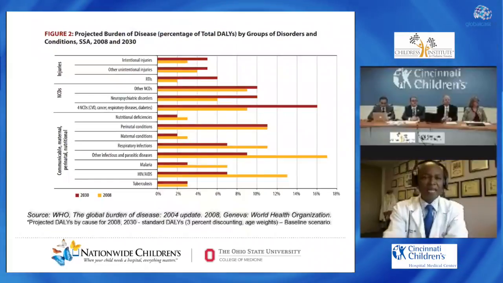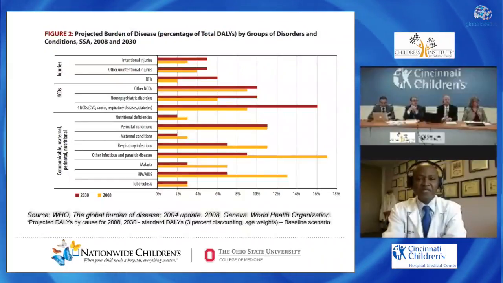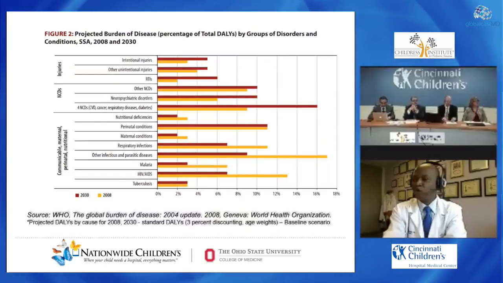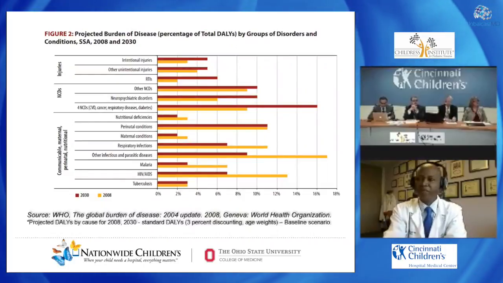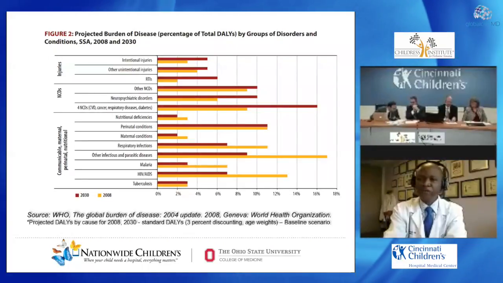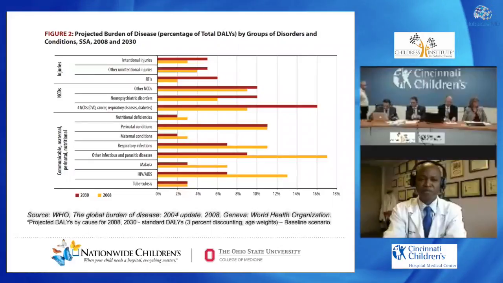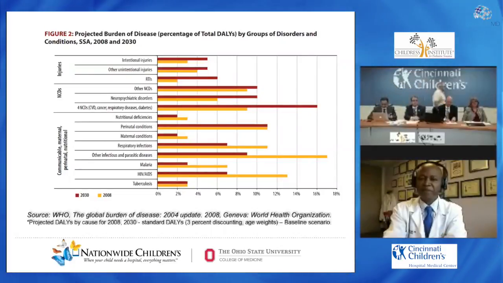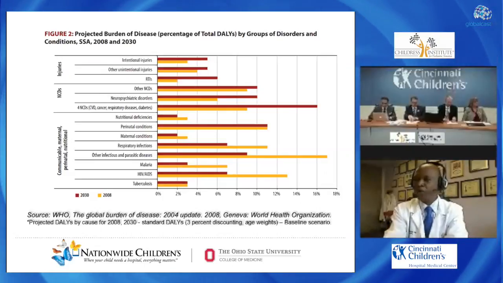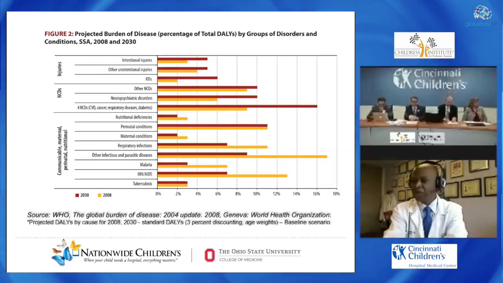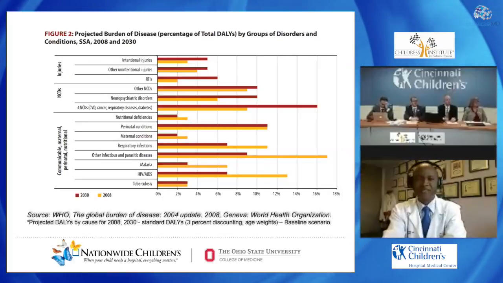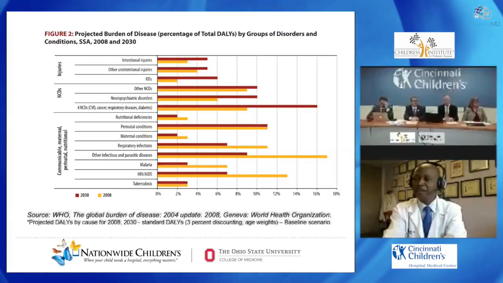Now, in this slide, the burden of disease in 2008 is represented by the yellow bars, while the red bars represent the projected burden by the year 2030. So it was projected that by the year 2030, the disease burden in DALYs for most of the communicable diseases, whether it is HIV, AIDS, or malaria, parasitic diseases, will become significantly lower.